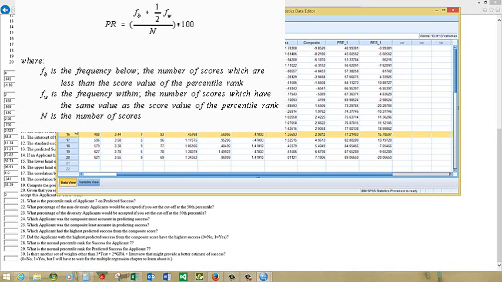So we would have 15 divided by 20, which would be 3/4, or 75, plus 1/2 of 1/20th, or 1/40th, which would be 0.025.